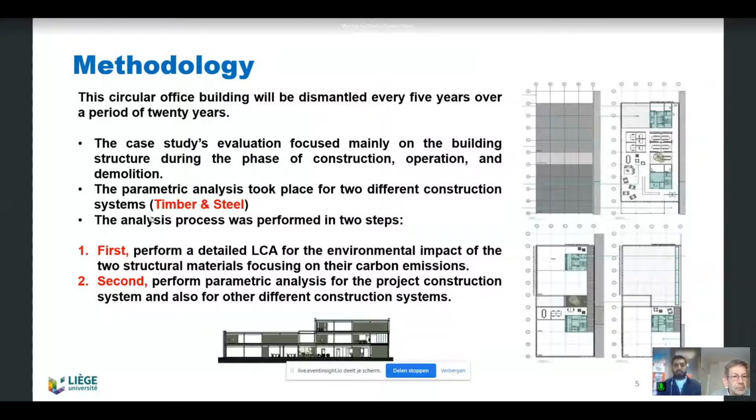The analysis process was performed in 2 steps. First, perform a detailed life cycle assessment for the environmental impact of the 2 structural materials, focusing on their carbon emissions. And second, perform parametric analysis for the project construction system and also for the other construction system.